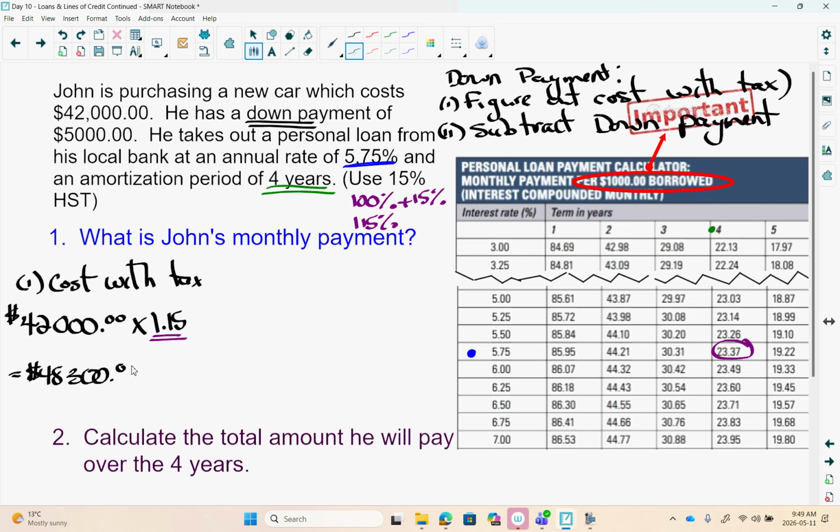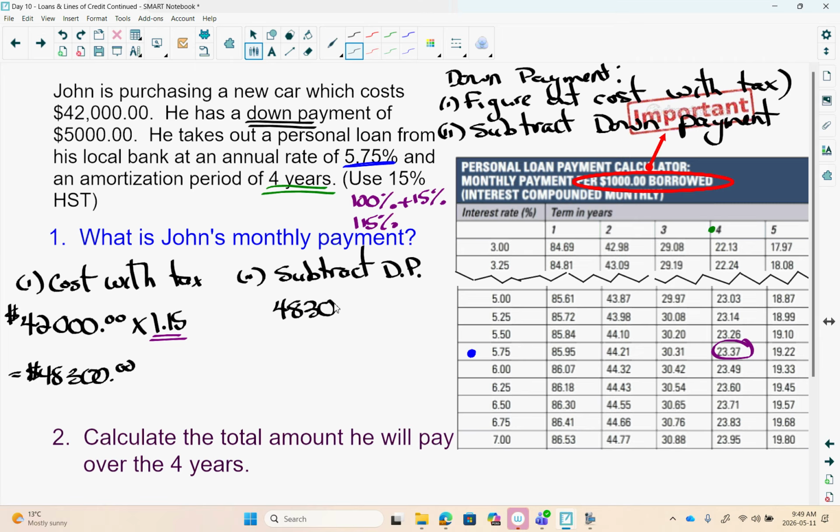Now, he doesn't have to borrow $48,300. He actually has how much money saved? How much does he have for a down payment? $5,000. So I am going to subtract the down payment. So he's going to walk into the dealership.